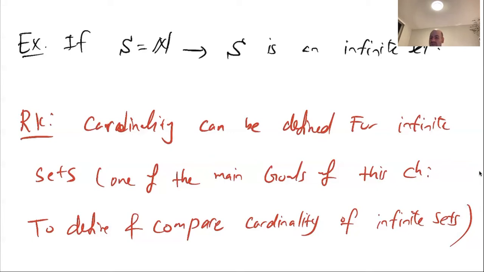But interestingly, natural numbers and the set of integers both are infinite sets, and it seems that maybe we should say the set of integers has bigger cardinality, but we will see that no, that's not the case. The set of integers and natural numbers have exactly the same cardinality.